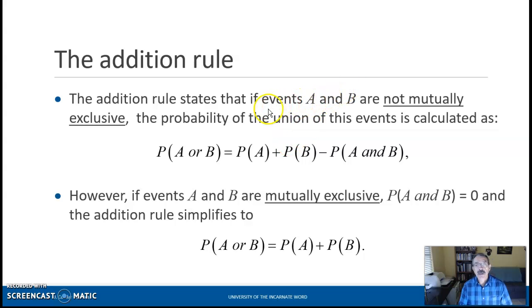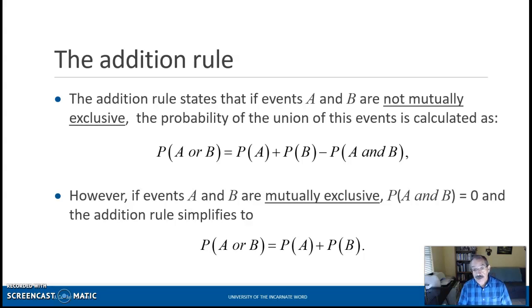So in this case, we're talking about the union of two events, event A and event B. So the probability of the union of events A or B is the probability of event A plus the probability of event B minus the probability of the joint occurrence of events A and B. And because they're not mutually exclusive, then you know that there are some elements that are common to A and B. That's why this term for the joint probability appears in this version of the addition rule.